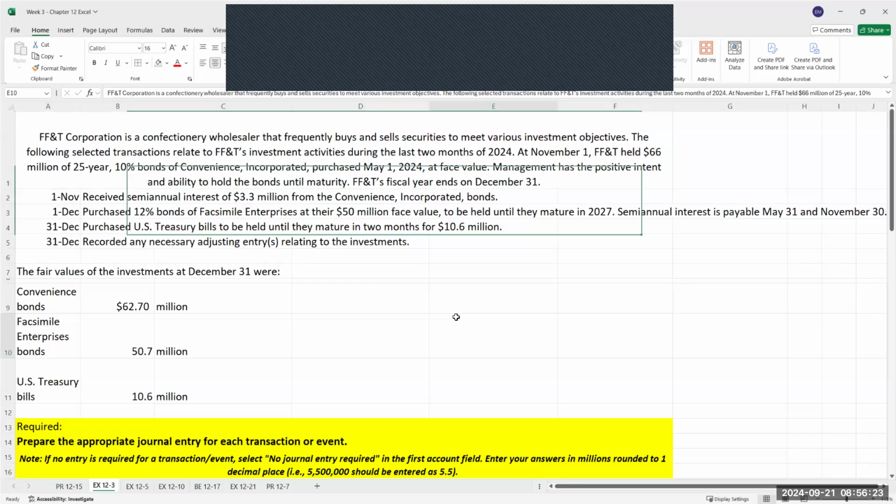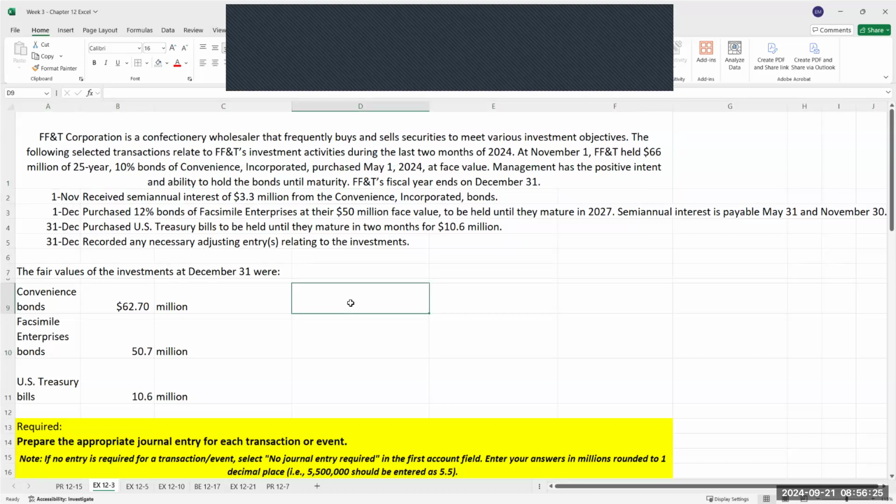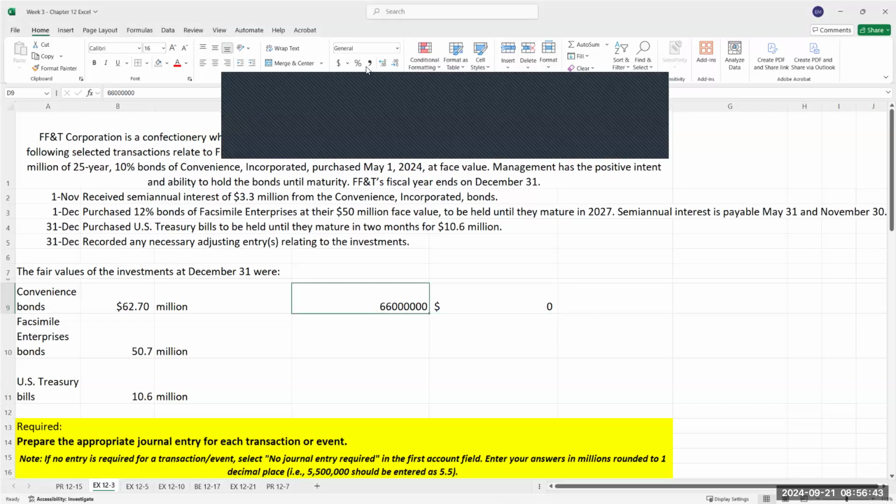So our calculation would be as follows. So we know it's 66 million. We know that the interest is 10%, so we'll make this a dollar amount. 10%.